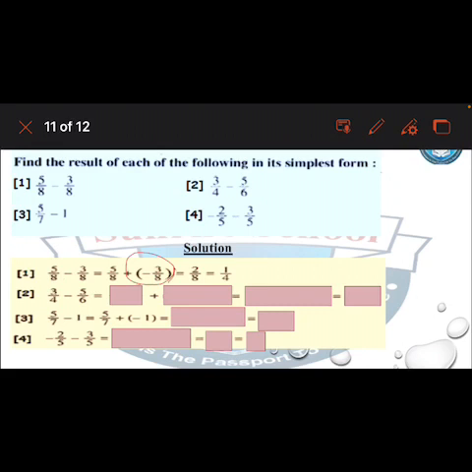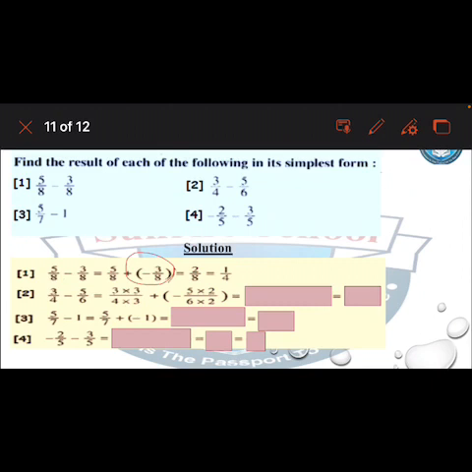Next part, 3 over 4 minus 5 over 6. Different denominators. Can I simplify any? No, I cannot. So I will try to make the denominators the same. 4 multiplied by 3 will be 12.